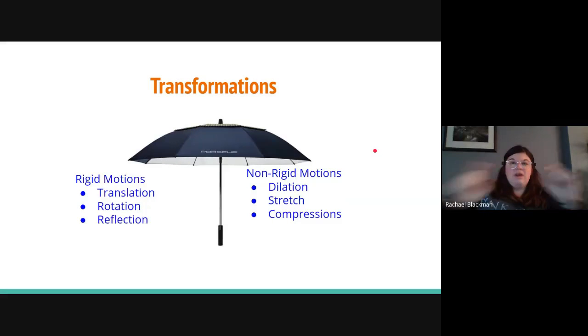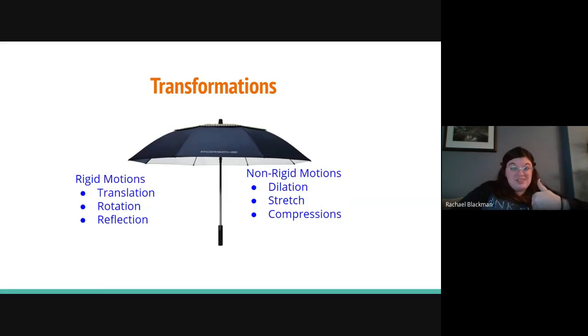Okay, again, we're going to look at composition of transformations here, but I do want to classify all of these. This would be a good thing to have in your notes if you don't have them already. Remember earlier we talked about this umbrella of transformations: anything that changes size, shape, location, etc. of a figure. We classify those transformations as either rigid or non-rigid. Rigid motions were translation, rotation, and reflection.